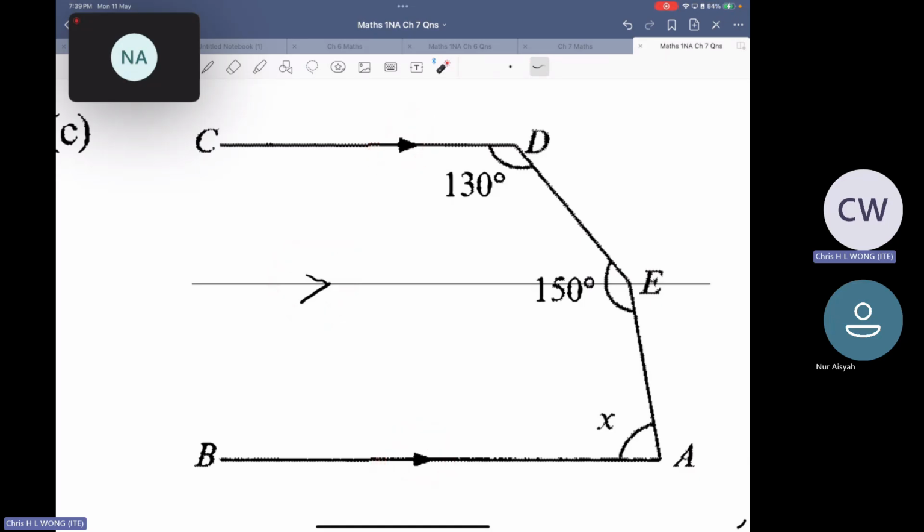If you don't do this, then it's not right. You must draw this arrow. Now you can start. Do you see anything? Do you see something familiar?